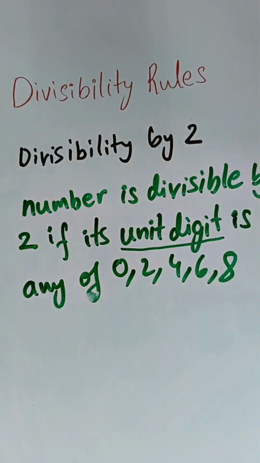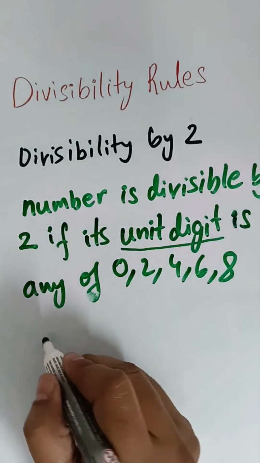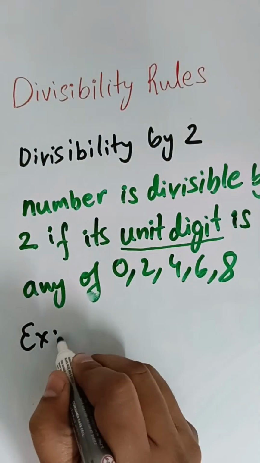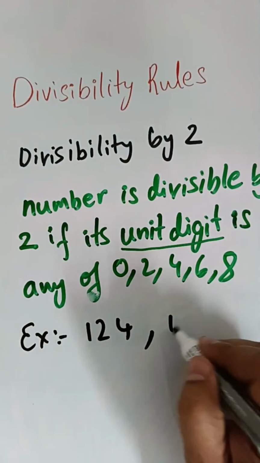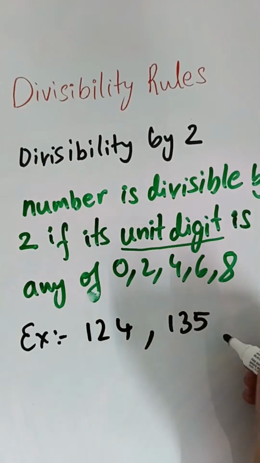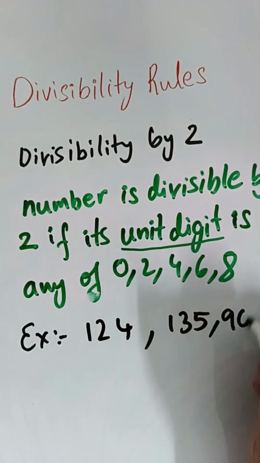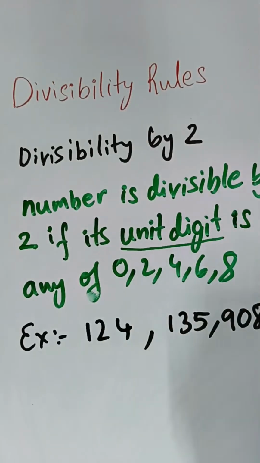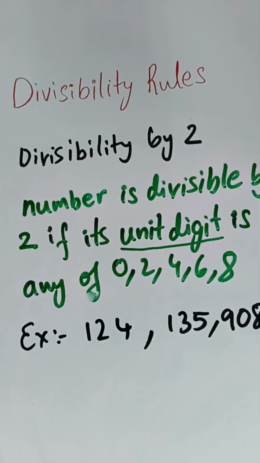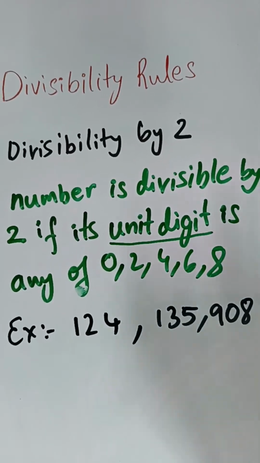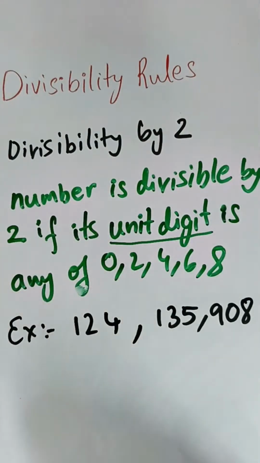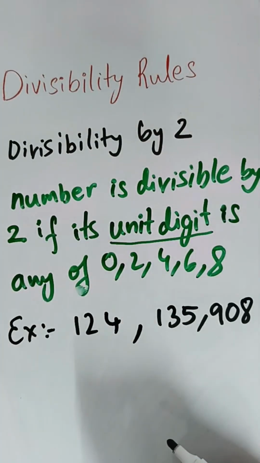for example, I will give some numbers: 124, 135, 908. Okay, now these three numbers are all three-digit numbers.